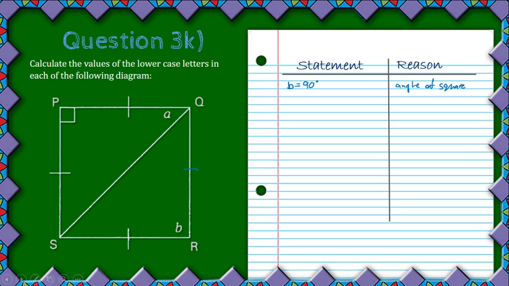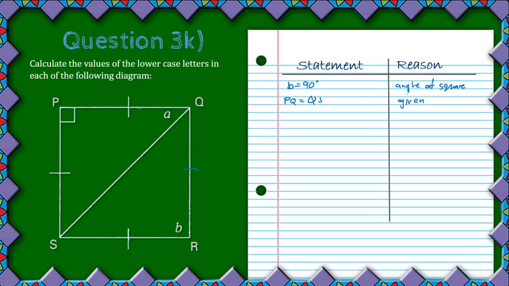Alright, so now in finding A, we also know that since this is given, PQ is equal to QS, it's given.